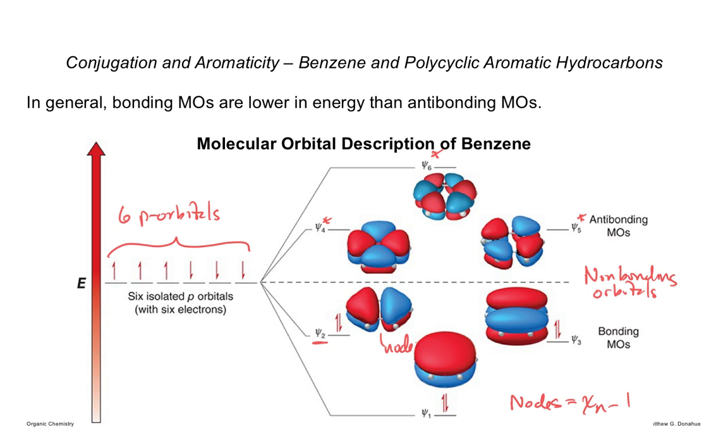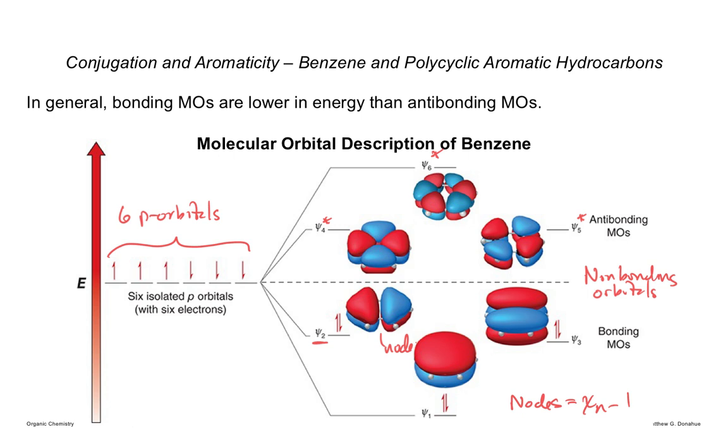And so the number of nodes is the wave function number minus 1. So wave function 2 minus 1, you have 1 node. And that's a region where there's no electron density. And we use that to help us predict, okay, where on this molecule can a substitution occur?